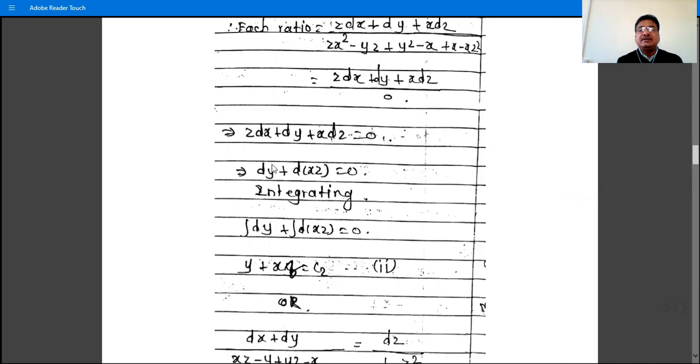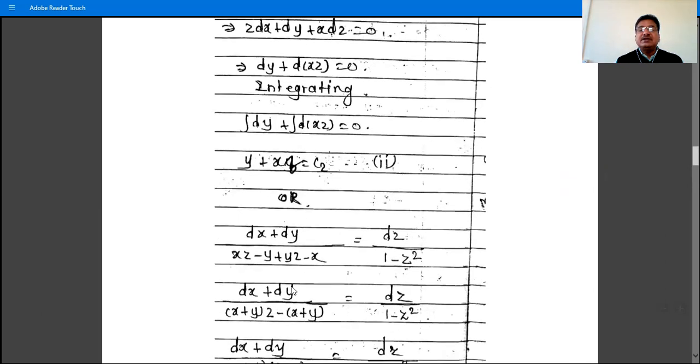Again, this z dx plus x dz is the derivative of x into z, and therefore after integration, what do we have? Integration of dy is y, integration of d(xz) is xz, equal to c2. Okay, so this is the second solution.